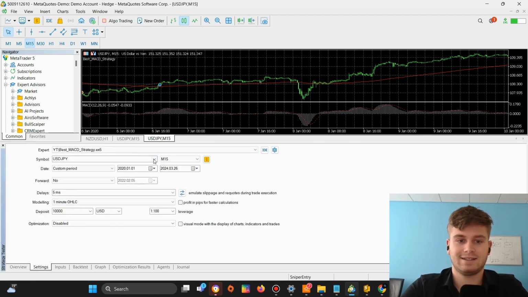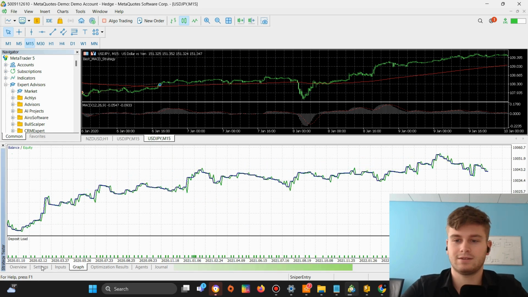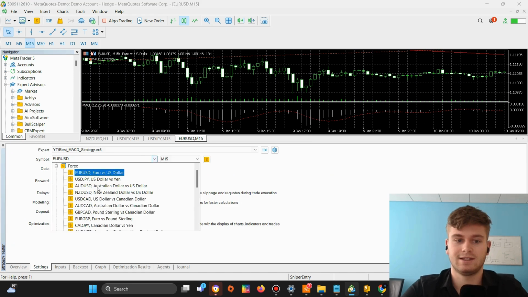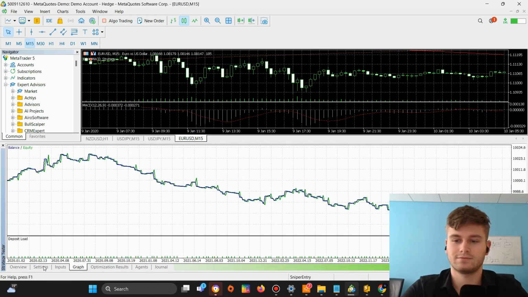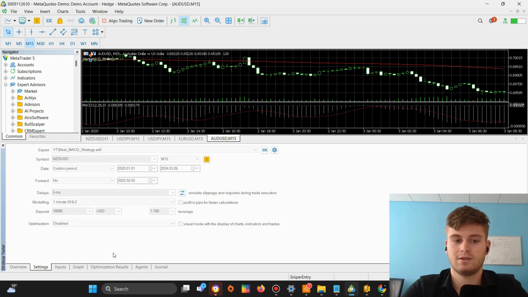Let's test this out on a different symbol. Okay, so this looked really good, but then it went down. So let's test this on a different symbol as well. Okay, that can happen. Different symbol.